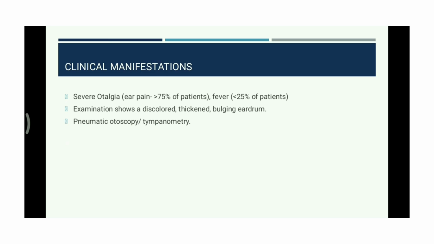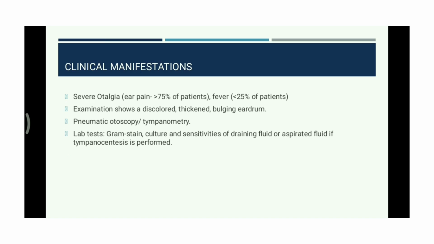The most common diagnostic test is pneumatic otoscopy. The doctor will perform an otoscopic test or tympanometric test in patients suffering from severe ear pain. The doctor might also ask for lab tests, which include Gram stain and culture and sensitivities of the draining fluid.